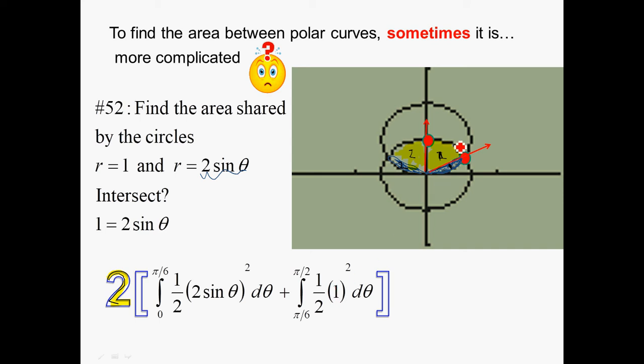That's the circle r equals 1 right there, only it's from pi over 6 to pi over 2. At this point it's a calculator exercise, but remember you have to do 2 integrals because the bounds changed. I get 1.228 after I double the answer. Don't forget to double. Again, setup is critical.